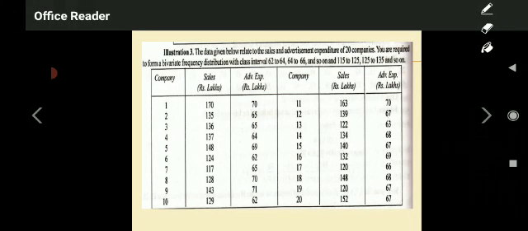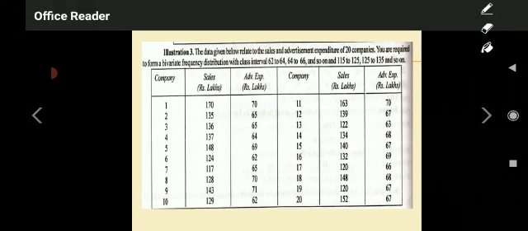You are required to form a bivariate frequency distribution with the class interval of 62 to 64, 64 to 66 for, for example, advertisement expenditure, and for sales, for example, in between the class interval of 115 to 125 and 125 to 135 and so on.